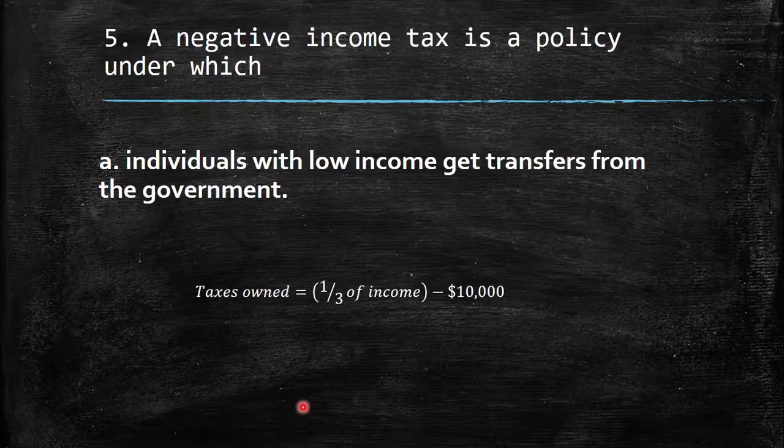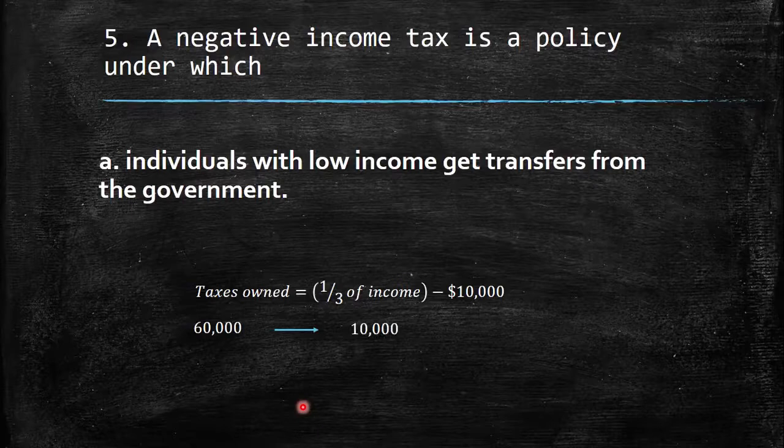Why? Because let's take a simple equation. Imagine that this is the rule of fiscal policy in a country: the tax owed should be one third of the income minus 10,000. Then if you earn 60,000, it should be 60,000 over 3, 20,000, minus 10,000, so 10,000.